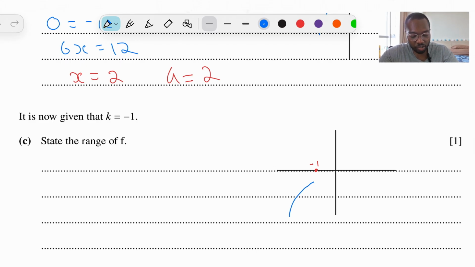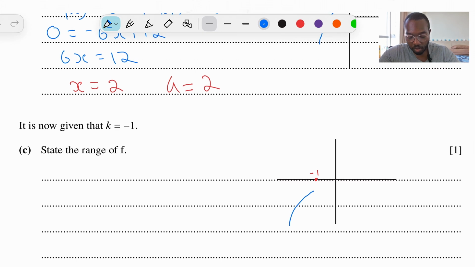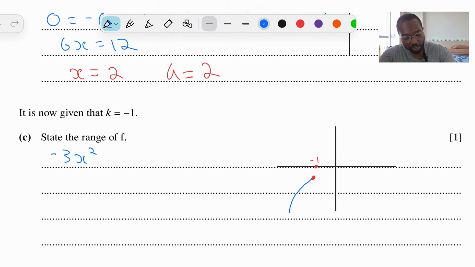Now we look at the range. How can we work out the range? If we can figure out the y value at this point, that will help us, because we know it can never be bigger than that y value, so it'll be all values less. To work that out, we know the equation is minus 3x squared plus 12x plus 2, which was f of x.